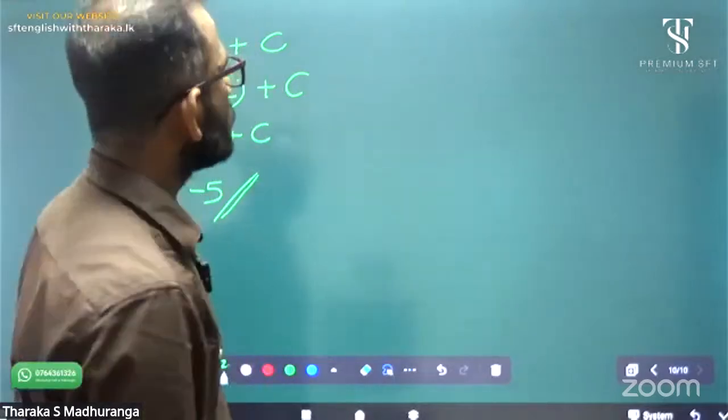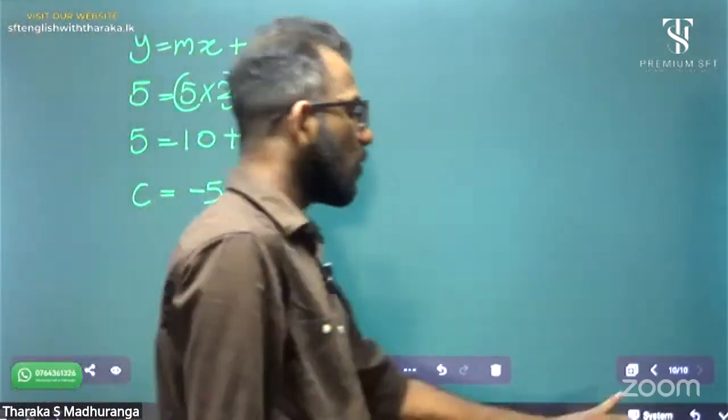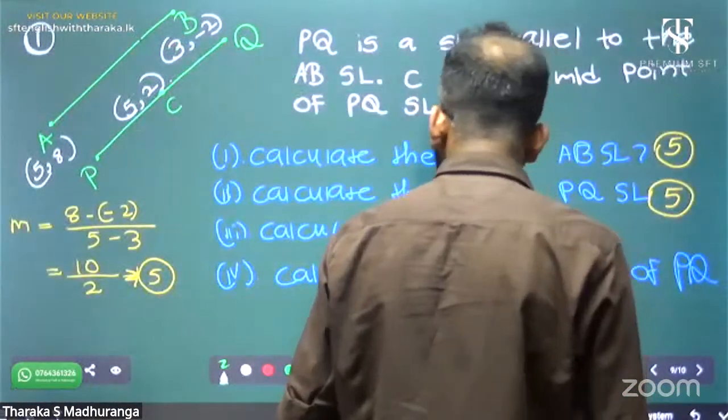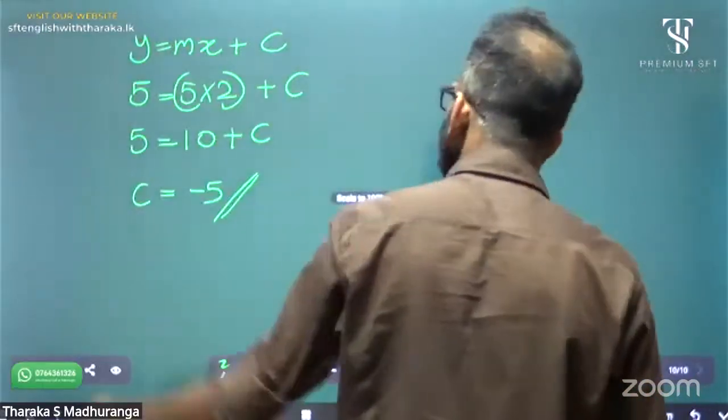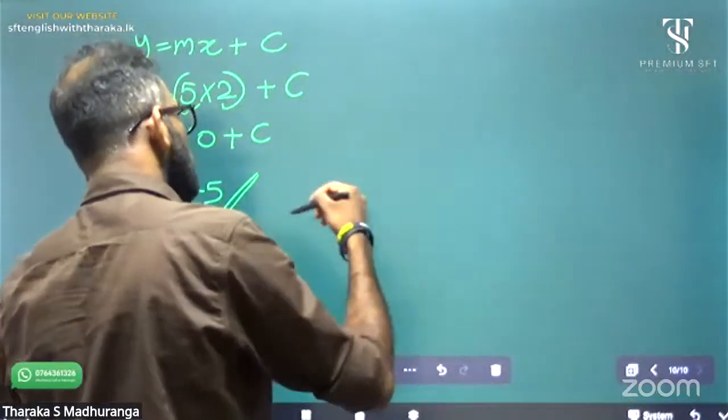Okay. Now you know the gradient and intercept both. Now you can move into our final question. What is the equation of the unknown straight line, PQ straight line?